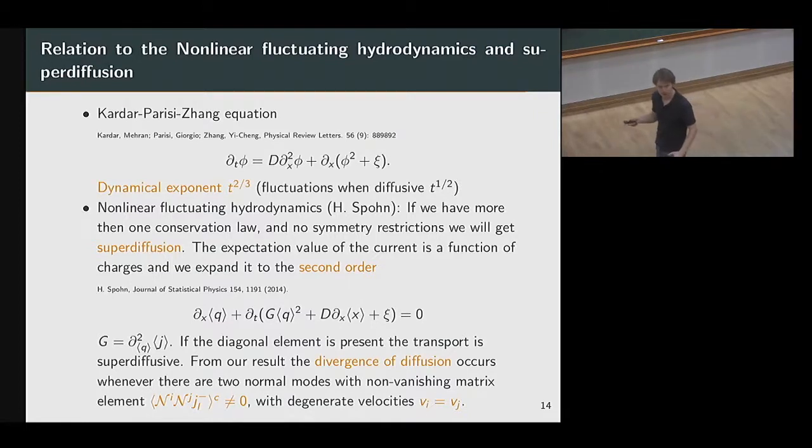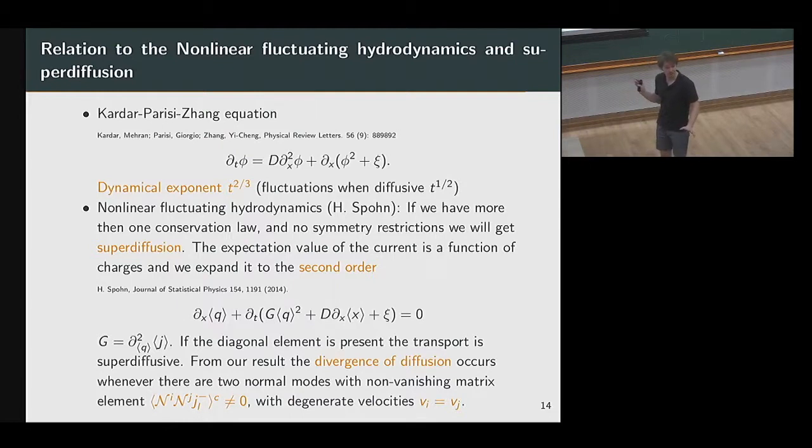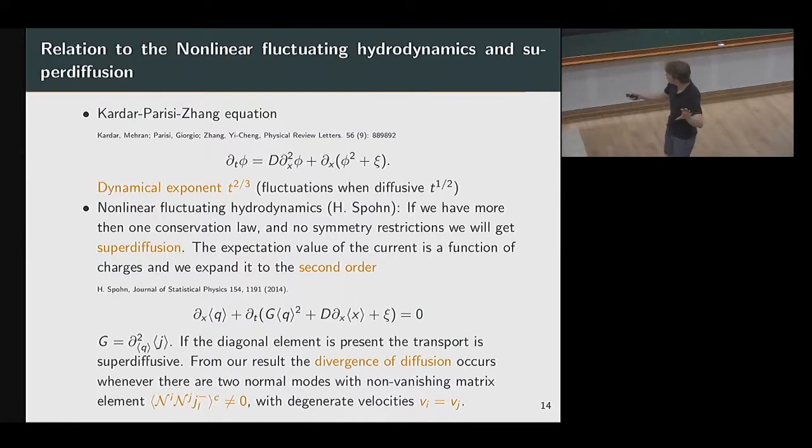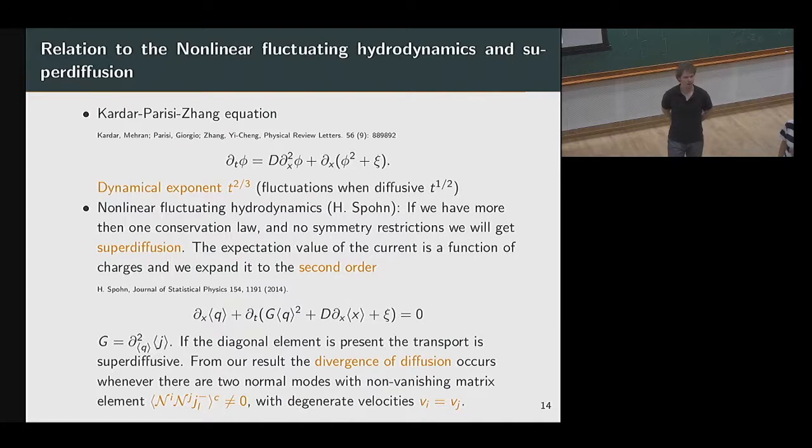Yeah, sure, this can still be 0. You claim that you need... So you can still take a special example where this will vanish. No, what I'm saying is that whether you get super diffusion or not has nothing to do with symmetries.